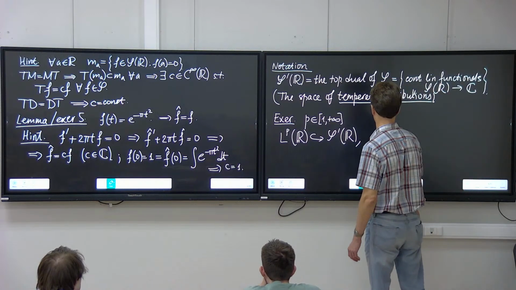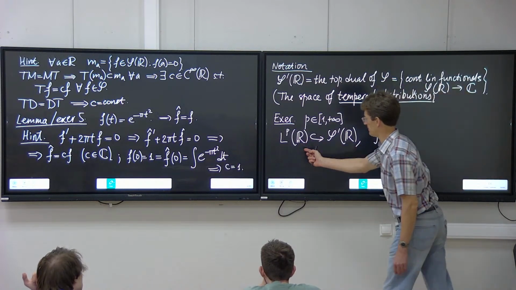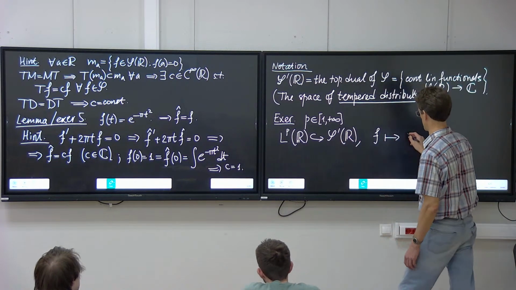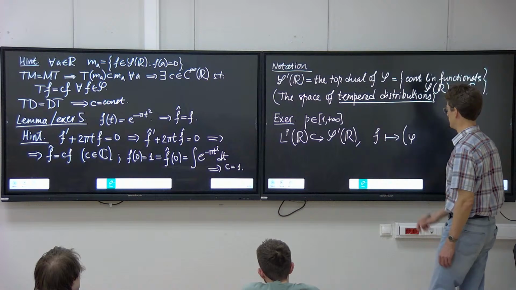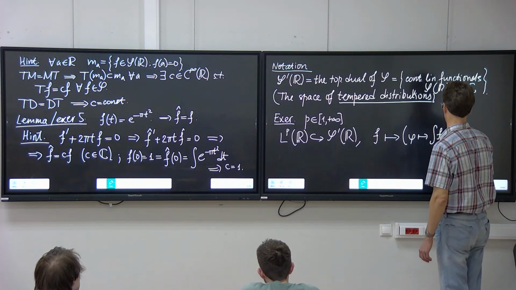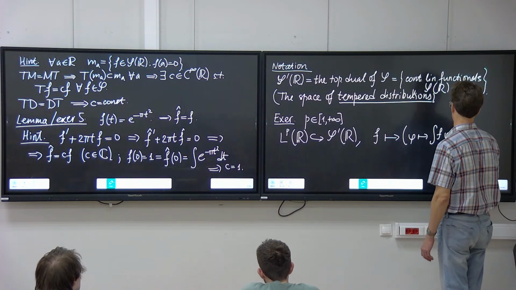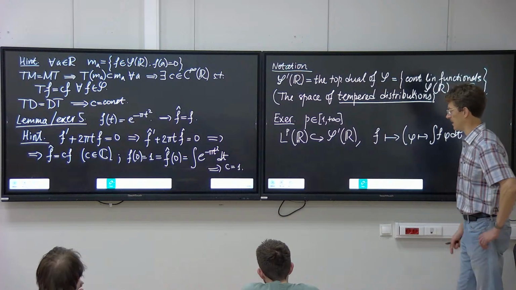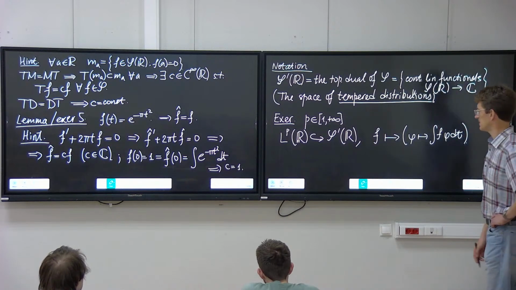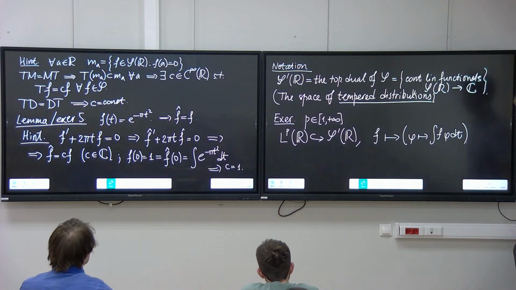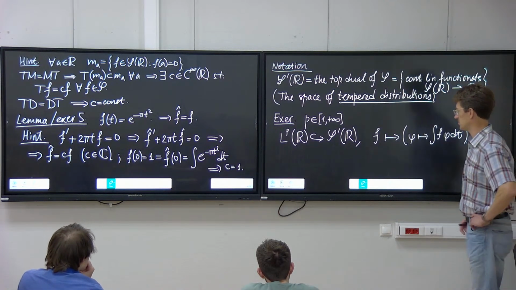If f is a function in L^p, then the respective functional on the Schwartz space takes every function phi from the Schwartz space to the integral of the product f phi. And this is indeed an injective linear map. So yes, we see that S prime, the space of tempered distributions, contains all L^p spaces. So it is big.